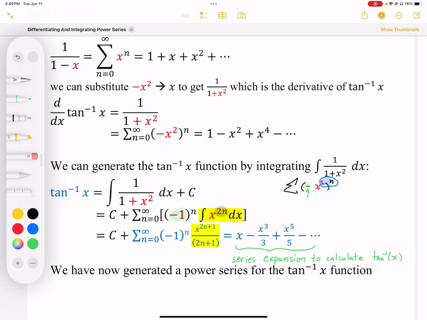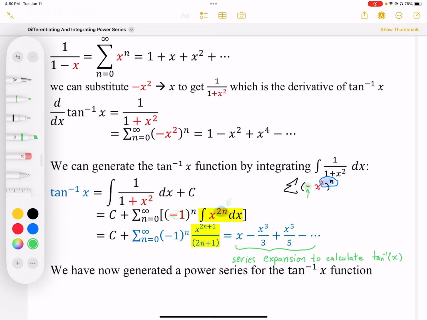When I plug the negative x squared into our basic power series, I end up with negative x squared to the power n. The negative generates that negative 1 to the n here, and the x squared to the n put together gives us the 2n in our exponent.